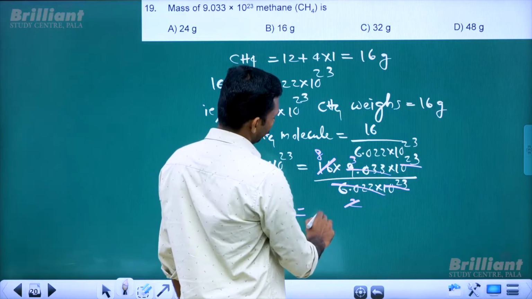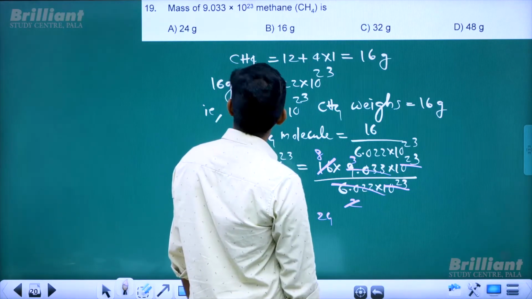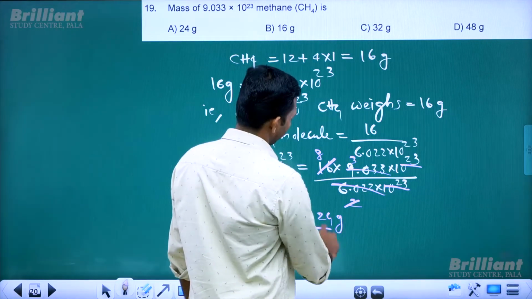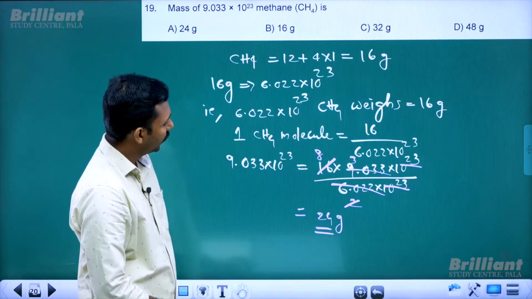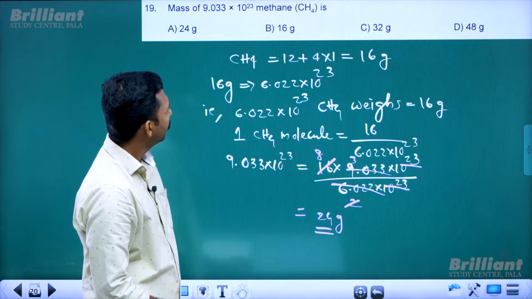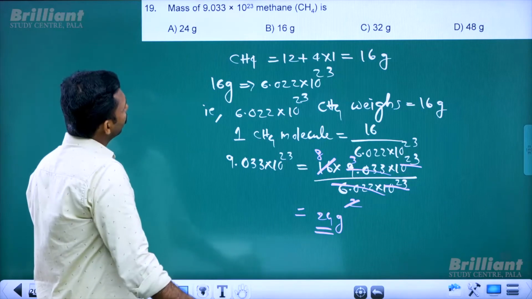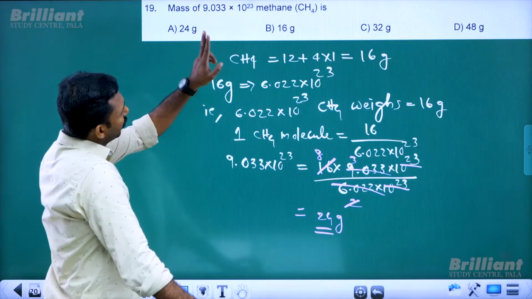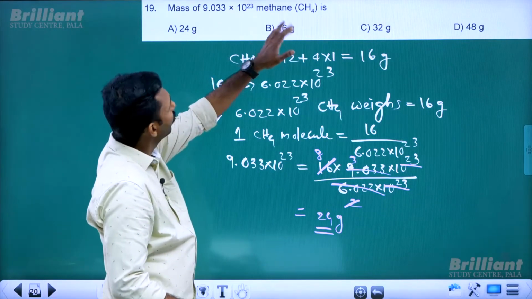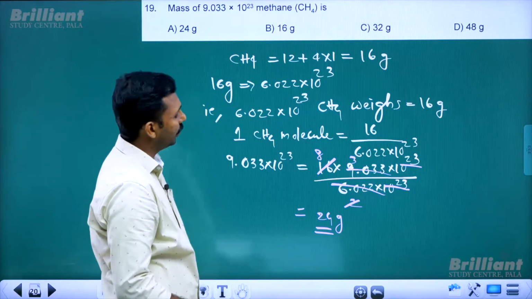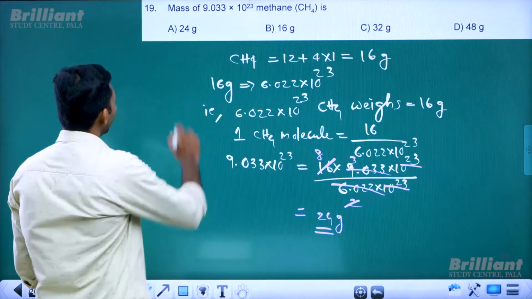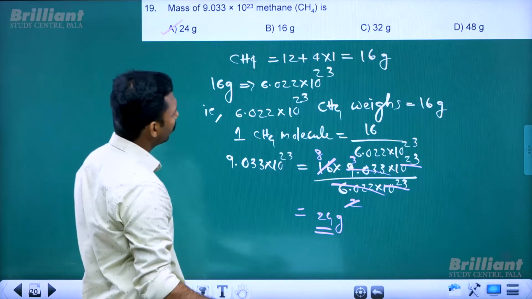So it is 24 gram. Yes, 24 gram. So here the question was the mass of 9.033 into 10 raised to 23 methane molecules is to be calculated. Is there any option? Yes, 24, our answer is option A.